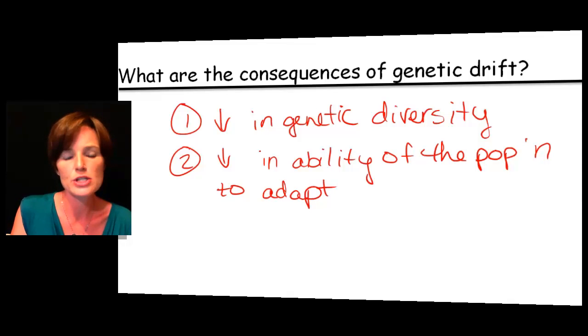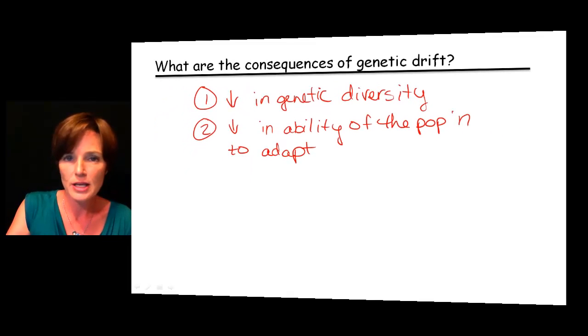So this is going to work against natural selection, and we're going to talk more about natural selection. So we have a decrease in genetic diversity and a decrease in the ability of the population to adapt. Obviously, these are bad things. So genetic drift is not considered to be an ideal situation for a population, for a species.